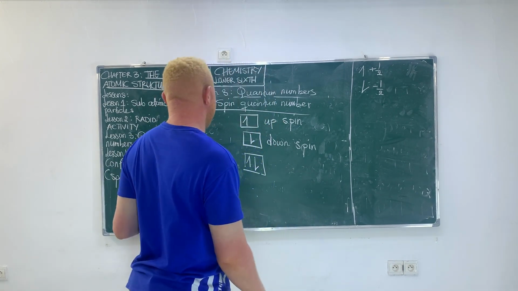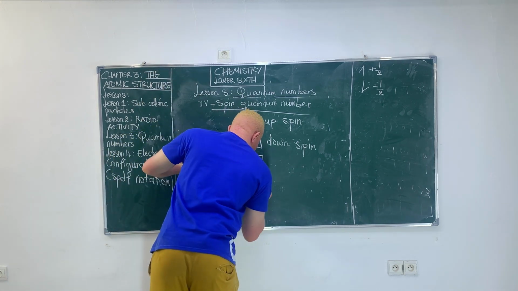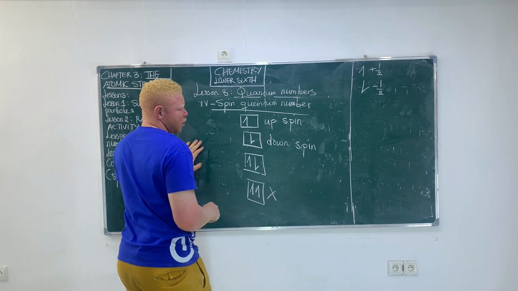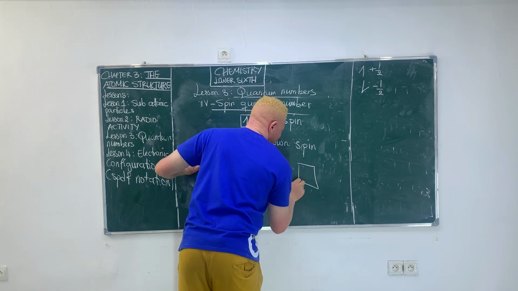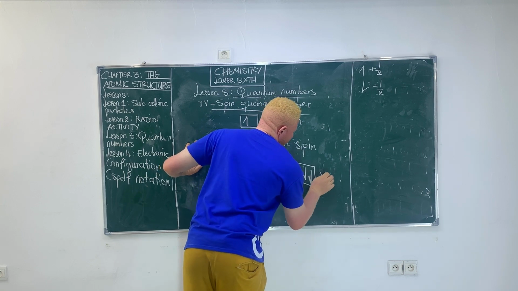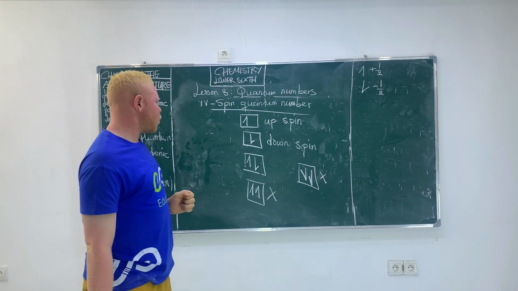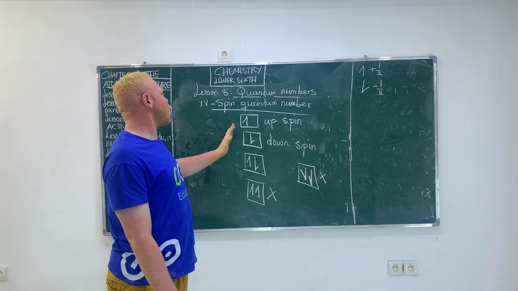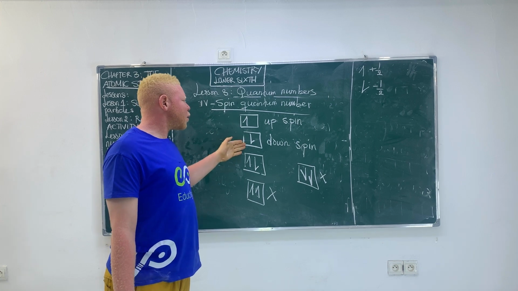It's impossible to have electrons having the same spin. So either the electron is in the up spin or the down spin.